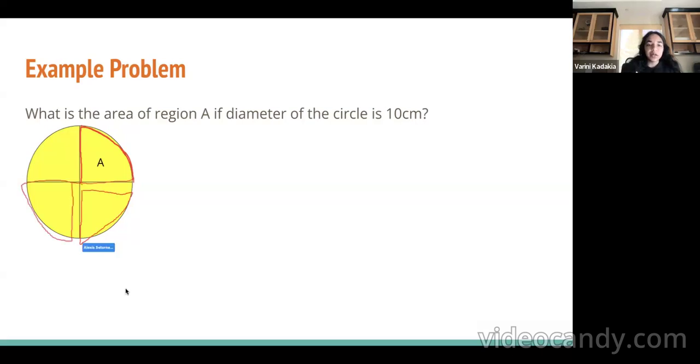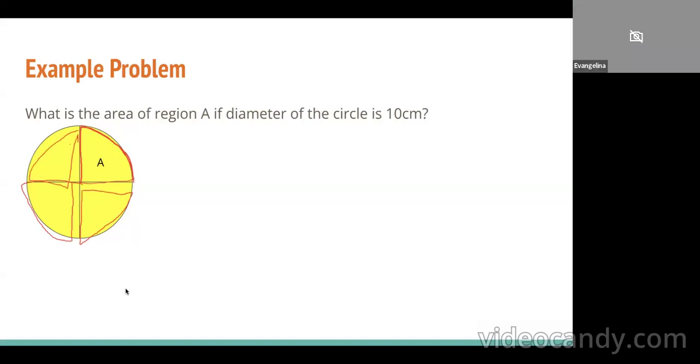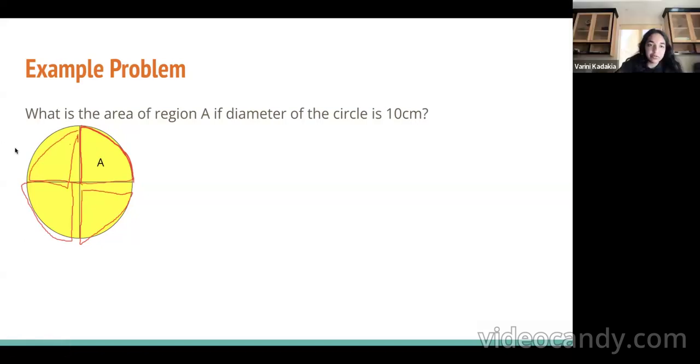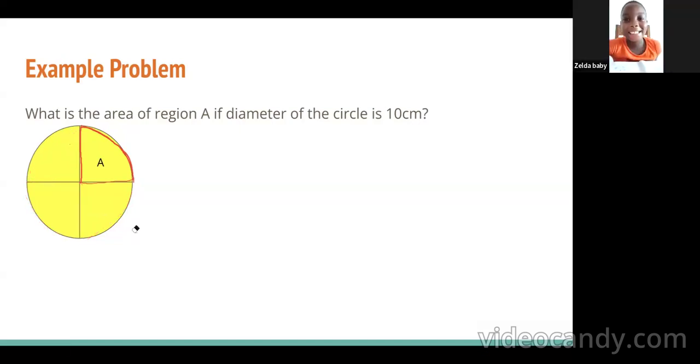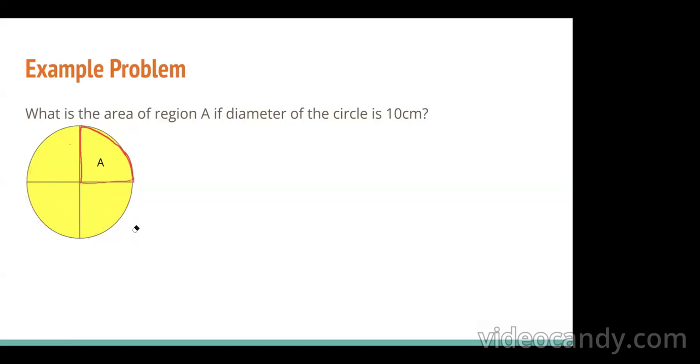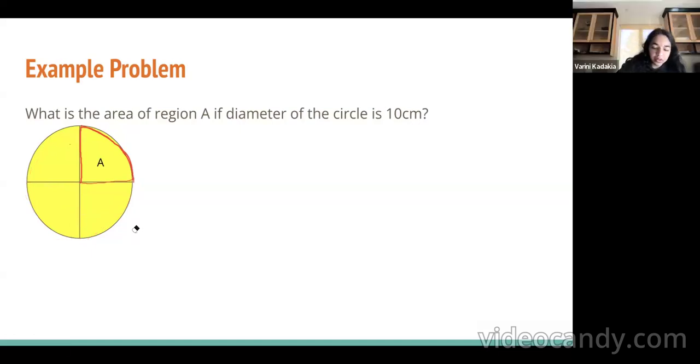So a sector is defined within a circle as an area of the circle that is bounded by 2 radii and has an arc.